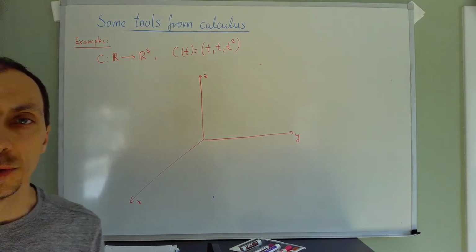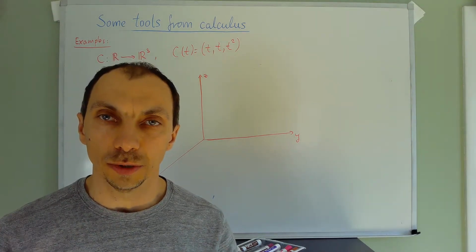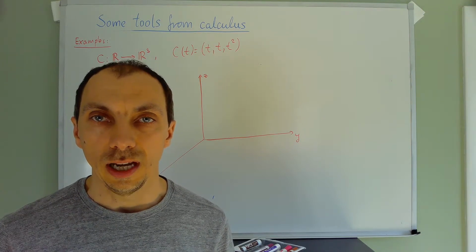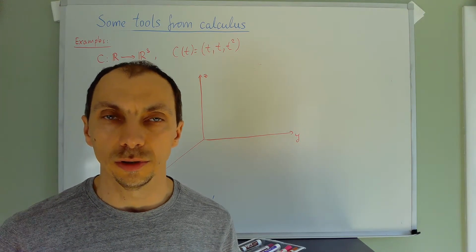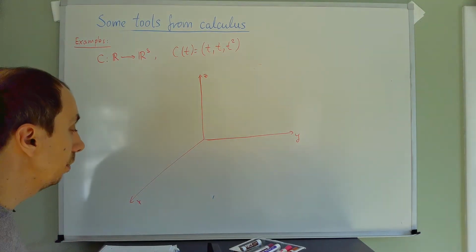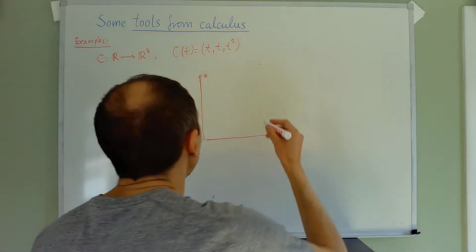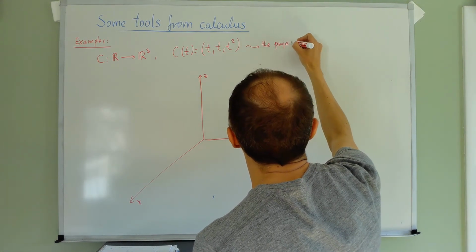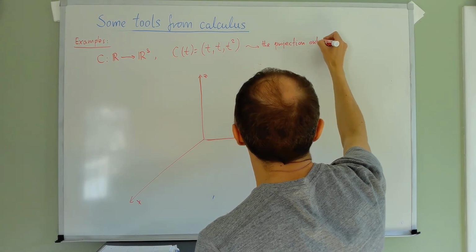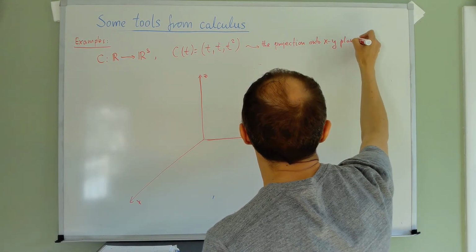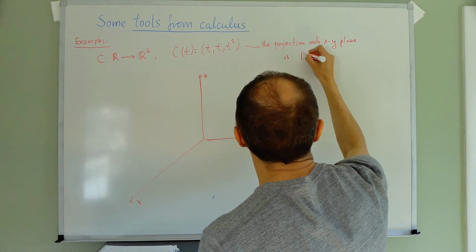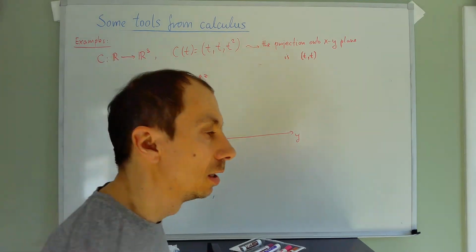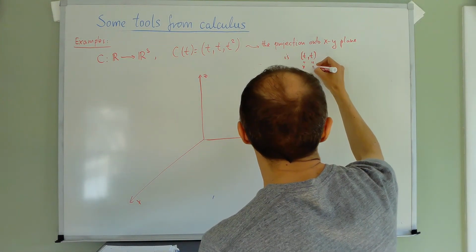In order to visualize this, it is very often good to first project onto two coordinates in which this thing looks relatively simple, and then add the movement in the third coordinate later. So the projection onto the xy plane is the curve that's just given as (t, t).